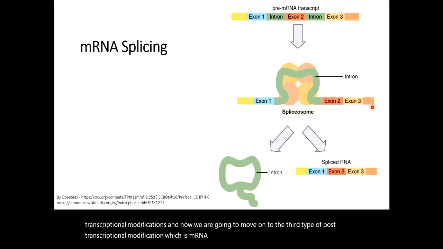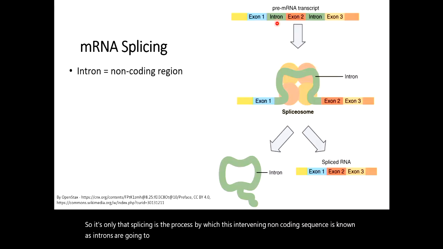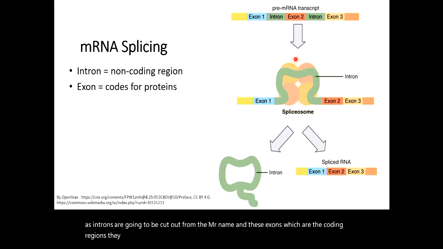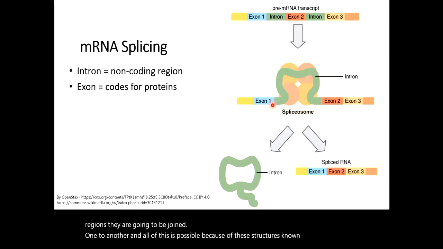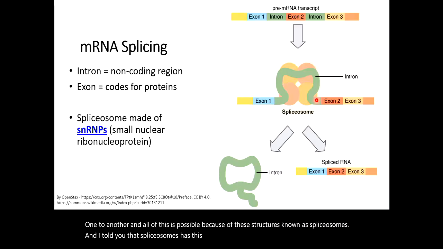I told you that splicing is the process by which the intervening non-coding sequences known as introns are cut out from the mRNA, and the exons, which are the coding regions, are joined one to another. All of this is possible because of structures known as spliceosomes, and I told you that spliceosomes have snRNA, the small nuclear RNA, which is complexed with proteins.